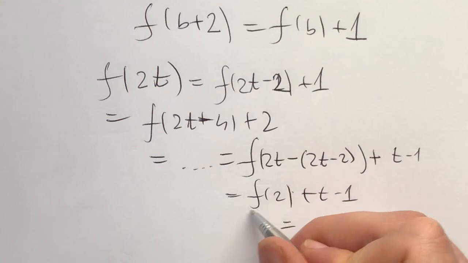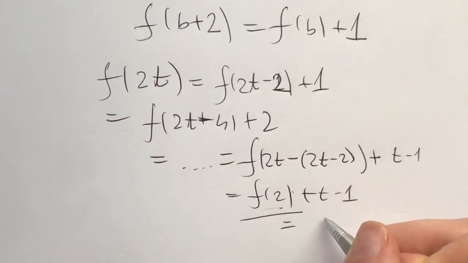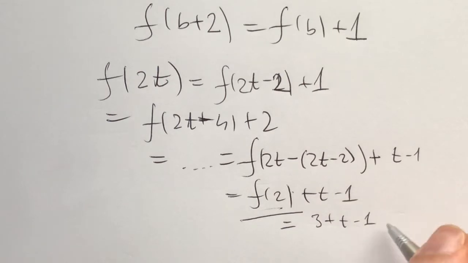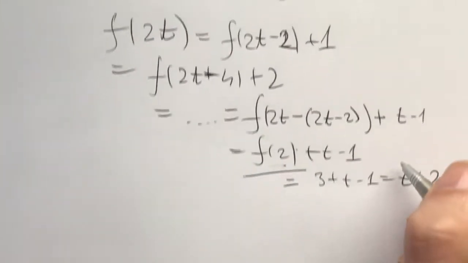Because f of 2 is 3, this is going to be equal to 3 plus t minus 1, which is t plus 2.